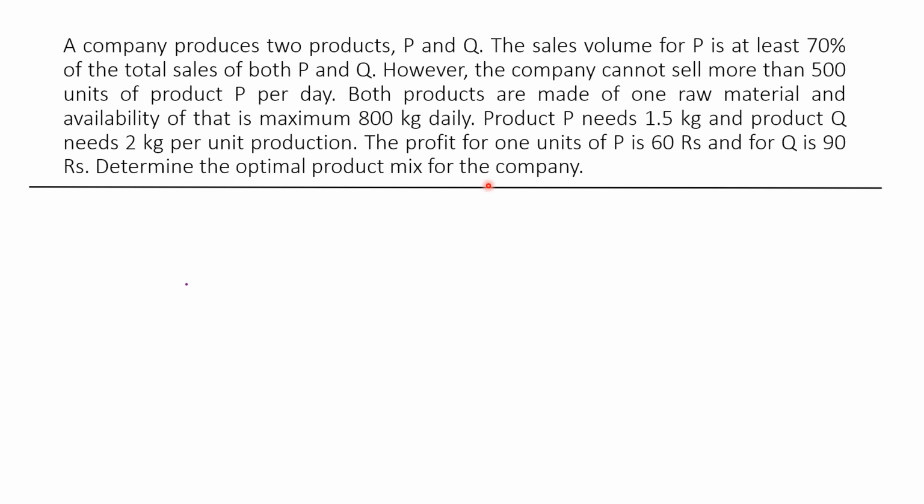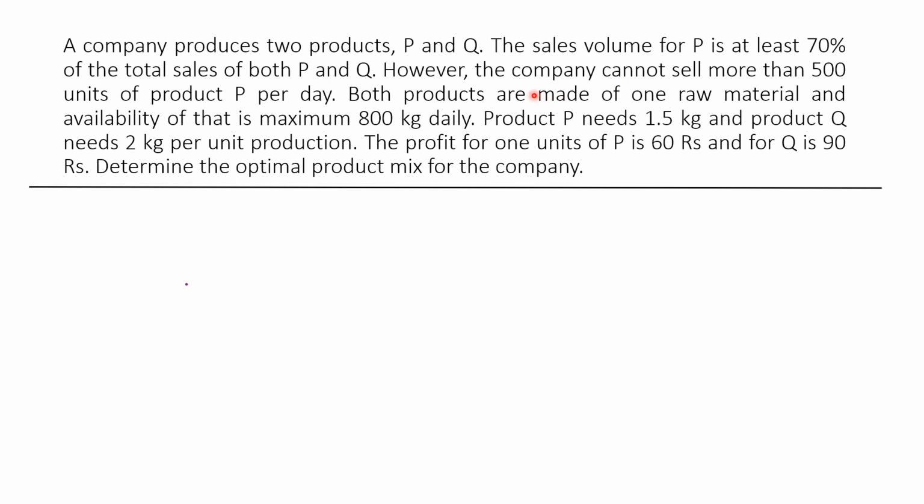So first let's understand the problem. Here the company produces two products, that is P and Q. Then in the next line they said that out of the total sales, that is the total of P and Q, 70% should be of P type.